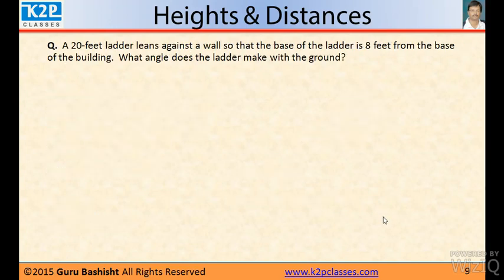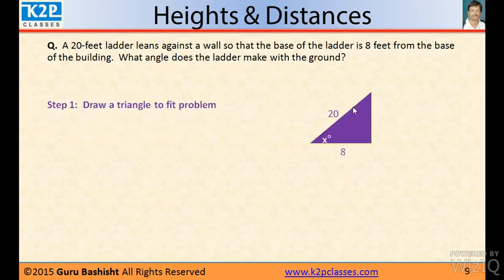Second question. A 20 feet ladder leans against a wall so that the base of the ladder is 8 feet from the base of the building. What angle does the ladder make with the ground? So let us first draw the drawing. So this is the ladder.